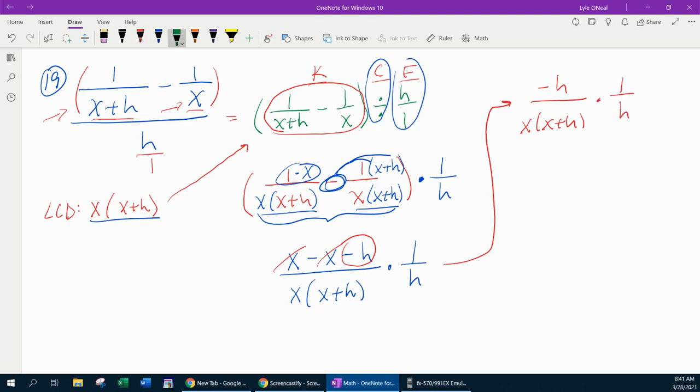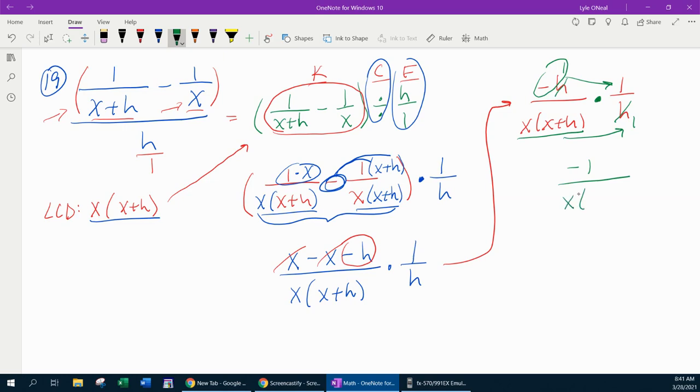And now we get to reduce. Remember, when you're multiplying fractions, you can simplify before you multiply. H goes into h one time, so those h's will cancel. That's going to leave me negative 1 times 1, which is negative 1, all over this times 1.